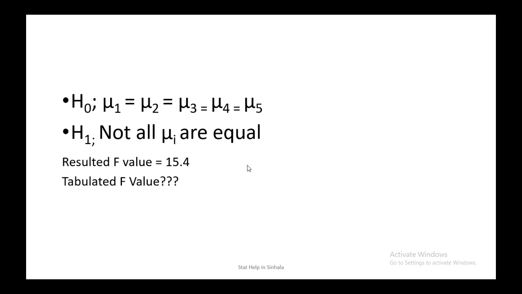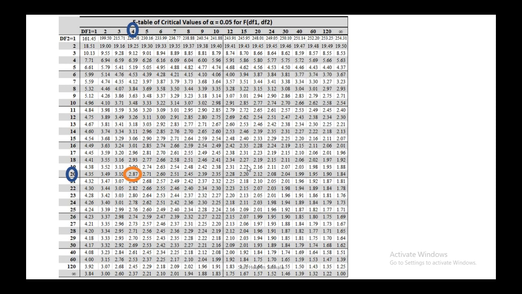Then we need the tabulated F value, the population F value, to compare and to get the conclusion. This is the F table. In here we have the degrees of freedom for treatment, and the degrees of freedom for error is 20.